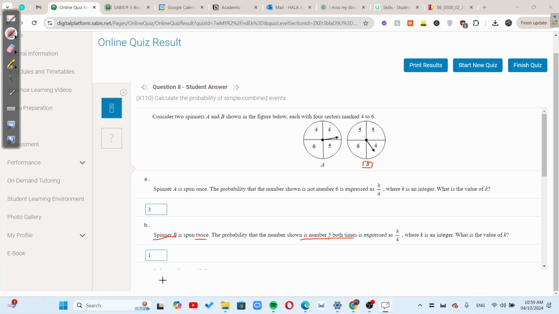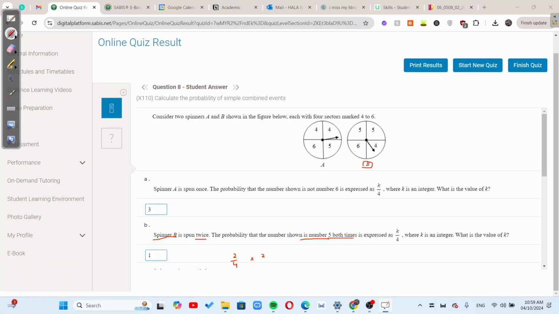So first we need to consider the first time. The first time you spin it, what's the probability that you're going to get 5? It's 2 over 4. Right? Now, if you spin it again, what's the probability that you're going to get 5 again? It's also 2 over 4.